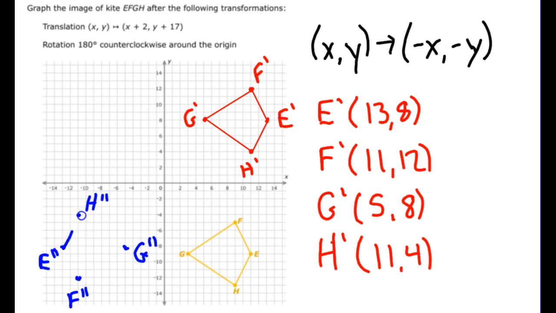Now we connect the points. And now we have our composition of transformations, the translation x plus 2, y plus 17, and then a rotation 180 degrees counterclockwise. Now we have the kite E double prime, H double prime, G double prime, F double prime.